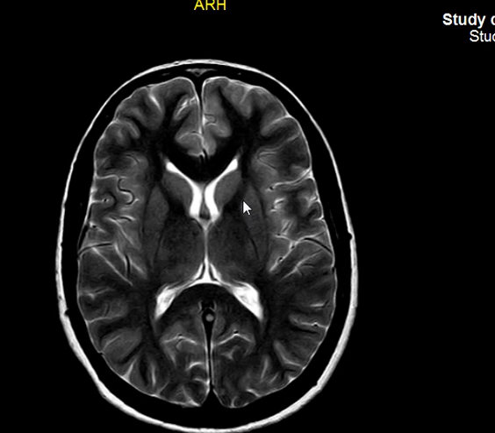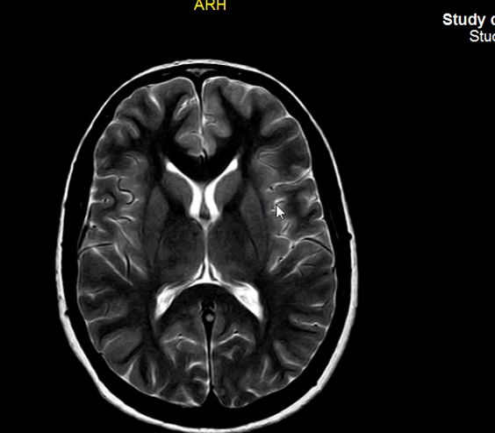It looks like a lens, that's why we call it lentiform. It's composed of two parts. The medial one, the small one here, is called the globus pallidus, while the lateral, outer one is called putamen. Together, they are the lentiform nucleus.